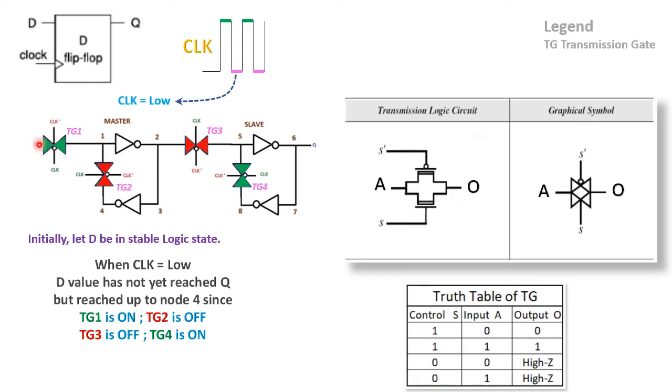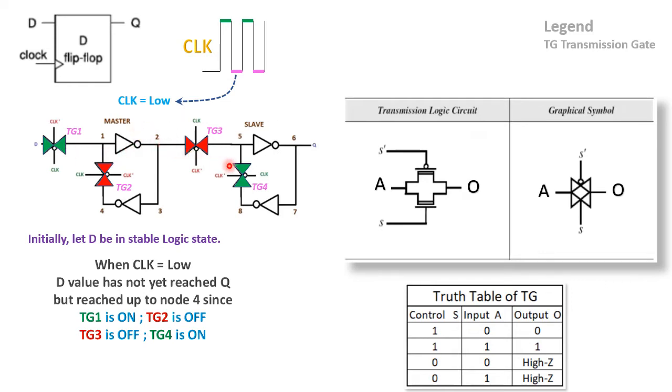From D it will reach 1 and then 2. It will also reach 4, but this transmission gate is blocked, so it will not go to 4. So data has now moved from D to 1, and from there to 2. But since this transmission gate is off, the data will not move to Q. So when the clock is low, the data has only reached up to 2.